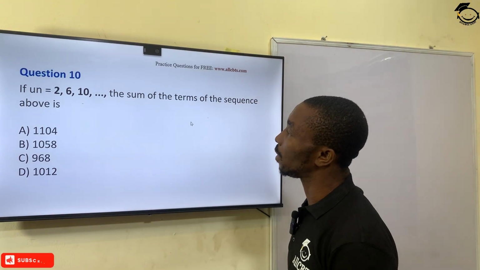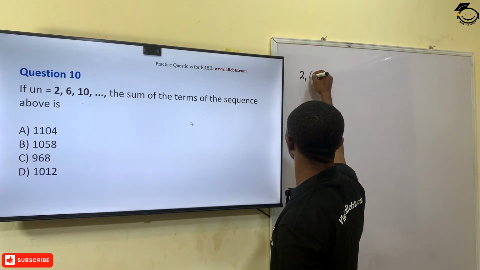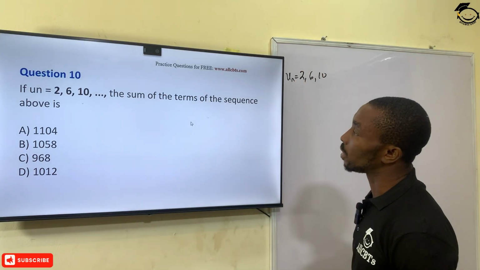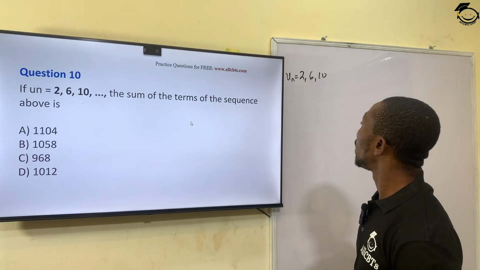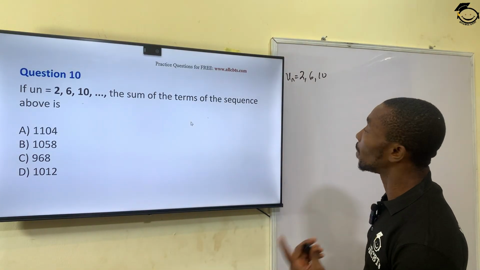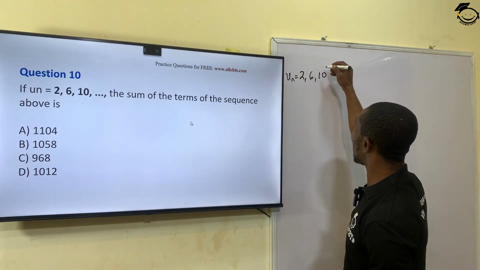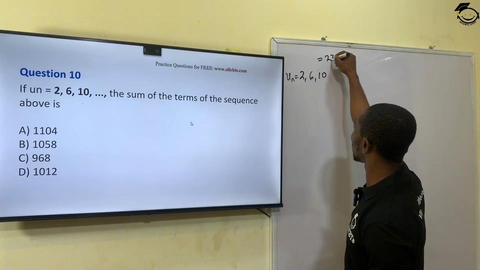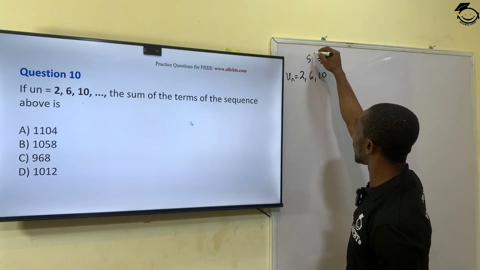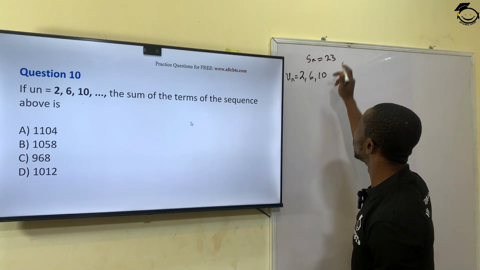If Un equals 2, 6, and 10, now it says we should find the sum of the sequence above. Now, for us to find the sum, remember in our last question, we found the number of terms in the sequence to be 23.